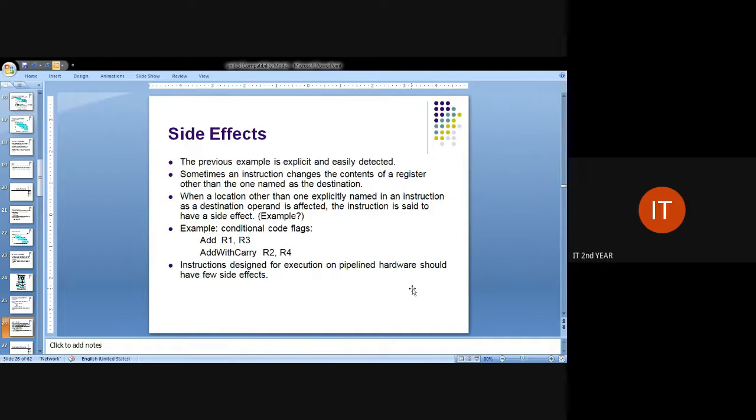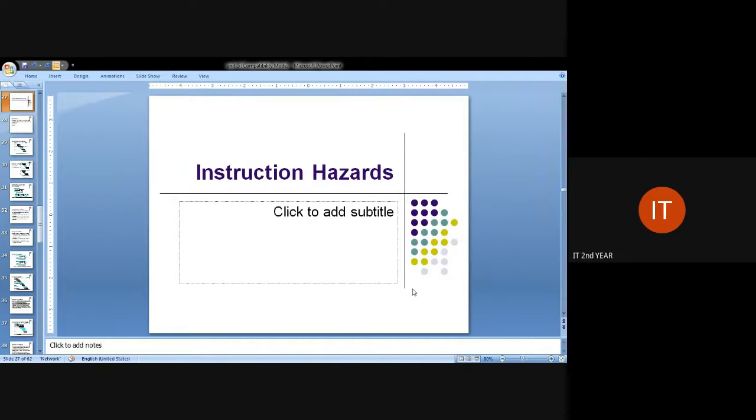Sometimes an instruction changes the content of a register other than the one that is designated. So these kinds of overwriting operations can happen. There is a possibility of these things occurring when we deal with the operand forwarding technique or any other technique which helps to convert this hazard into a normal operation. So that is one of the important techniques.